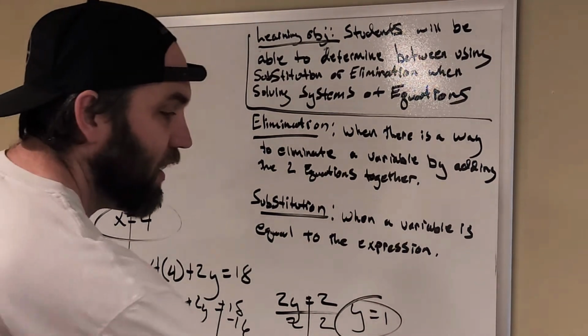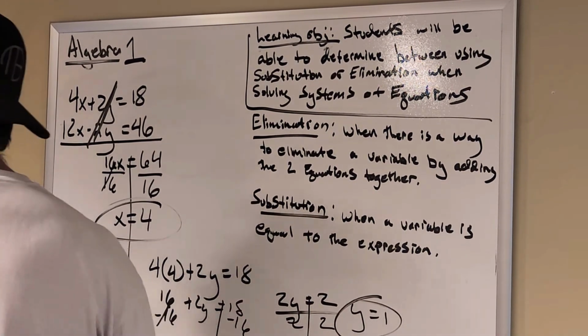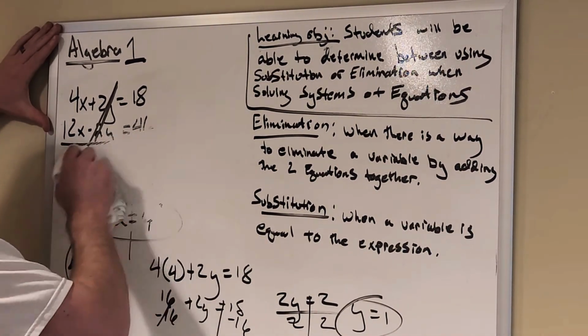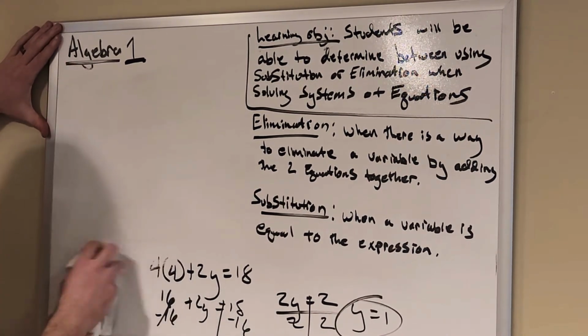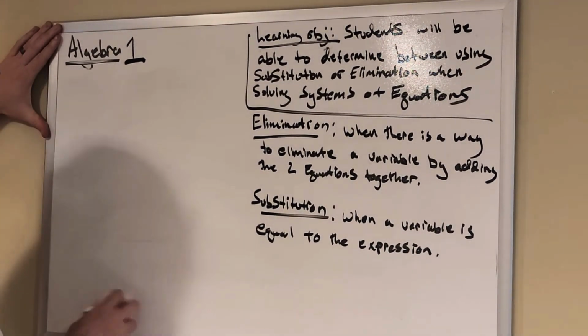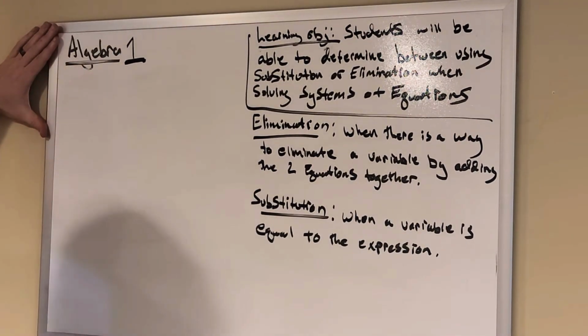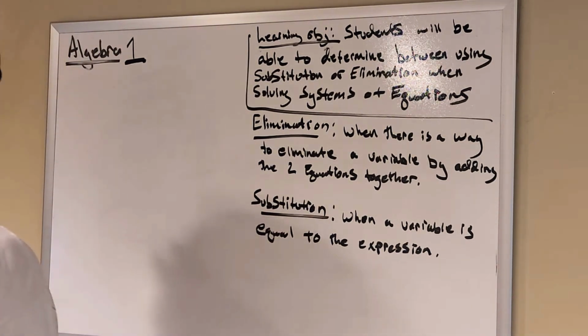Easy enough. Now, let's try one more system that's maybe not right off the bat, you don't quite know what to use because it's a little different. But we'll take a look at it and we'll see if we can figure something out.